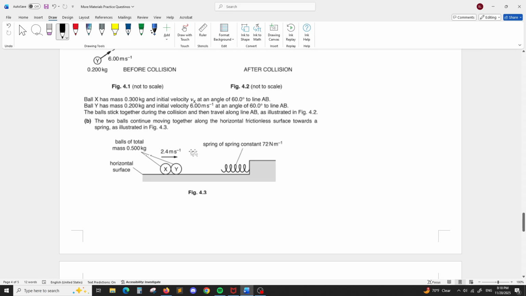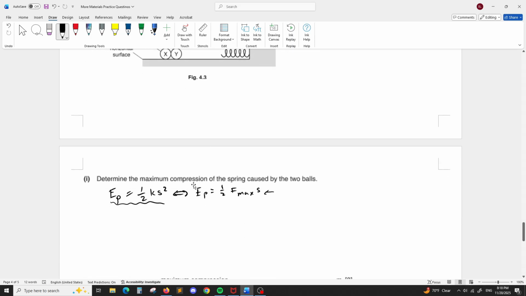So we're looking for the maximum compression, right? The maximum compression happens when the balls transfer all kinetic energy to potential energy stored in the spring, right?